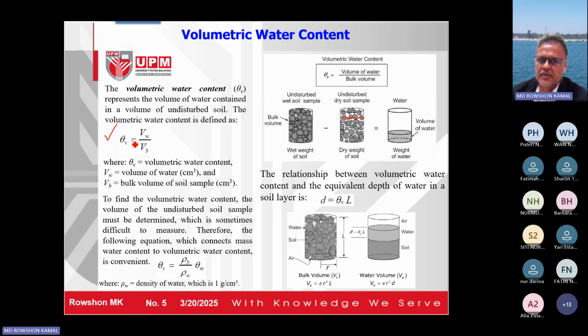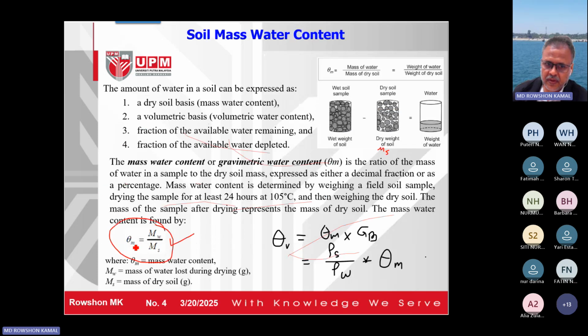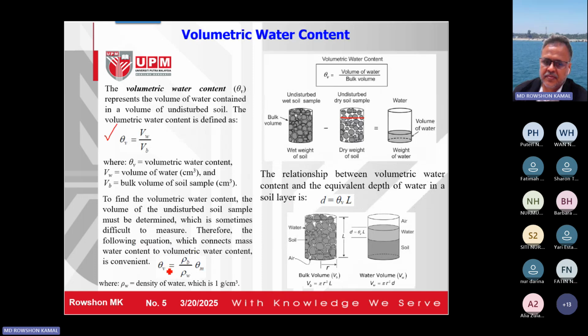We use volumetric. So if we know the weight basis theta, we call theta m, okay, theta m, this is the weight basis, we can determine the volumetric basis. You can see this is the relationship, okay. So without determining theta b directly, you can determine theta b using theta m.